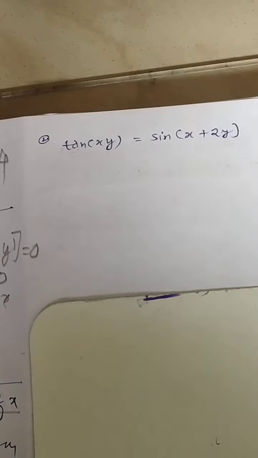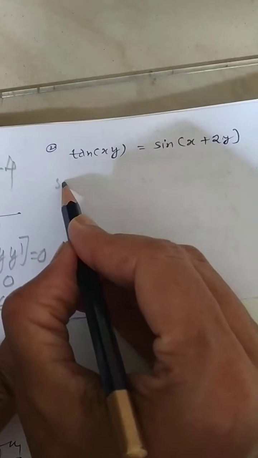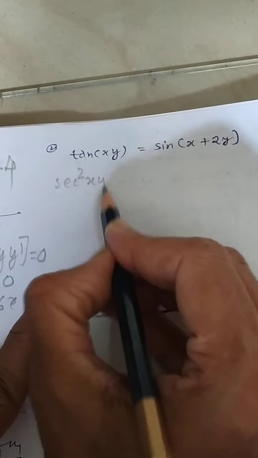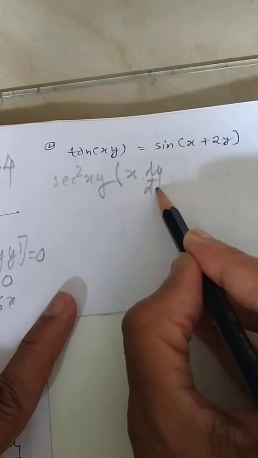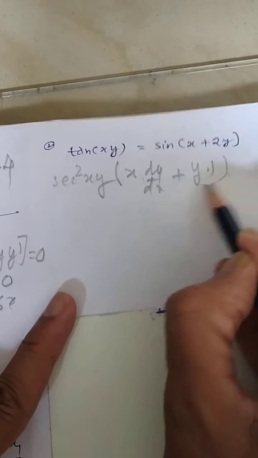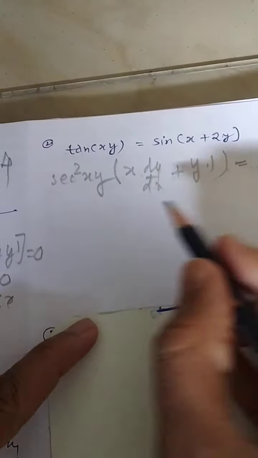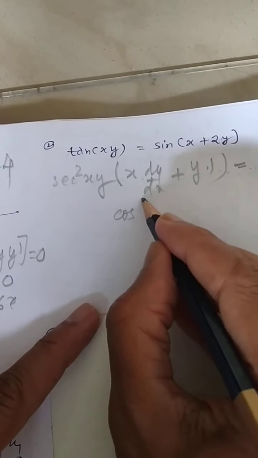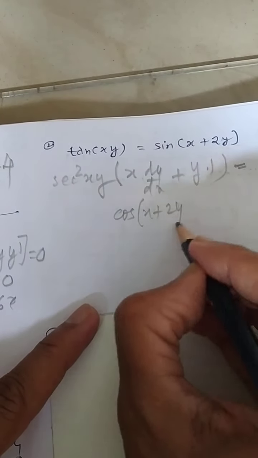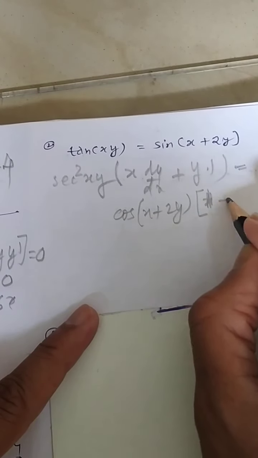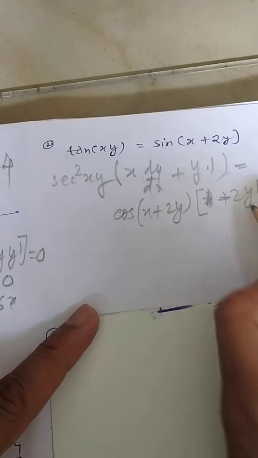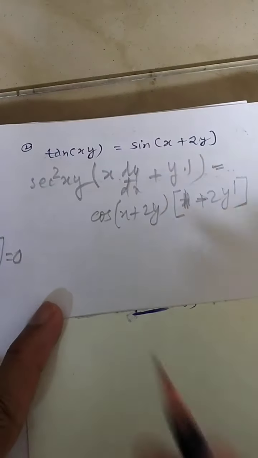See the next question. Tan derivative is known to you, sec square xy. Over here x as it is into dy by dx plus y as it is into 1 will be equal to sine. You will be getting cos x plus 2y. Now over here x as it is, x derivative is 1 plus 2 y dash. Open the bracket, simplify.